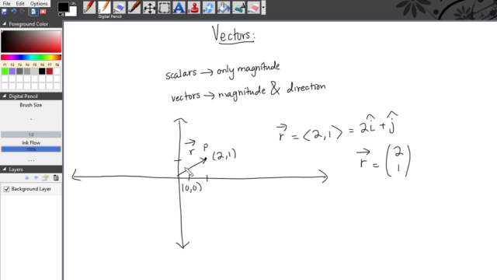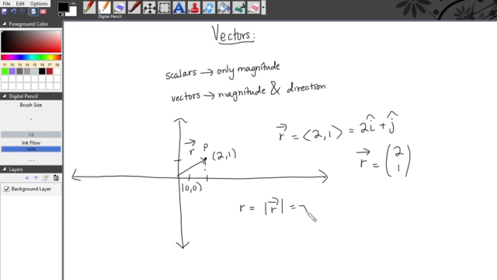Now the magnitude would just be the length of this. For field lines, you can think of magnitude as the strength of the field. Using the Pythagorean theorem, the magnitude, and by the way, you can write magnitude in one of two ways: either as normal without any bold, or in the vector form but with two vertical lines on either side.